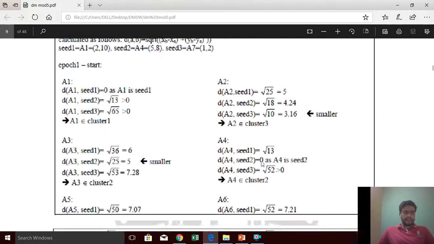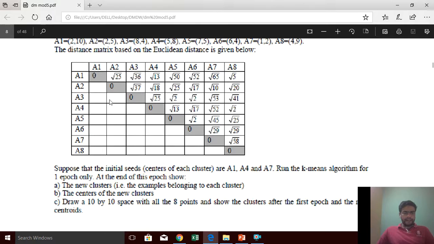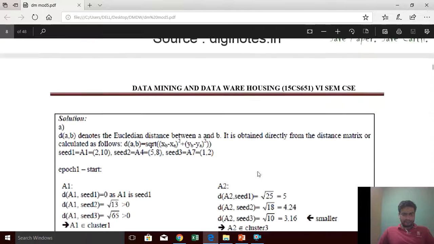Then you take A3. A3 to A1 I need to take, then A3 to A4 I need to take, then A3 to A7 I need to take.